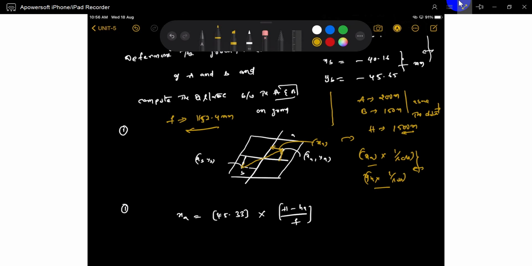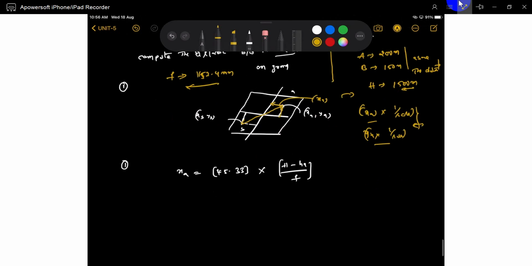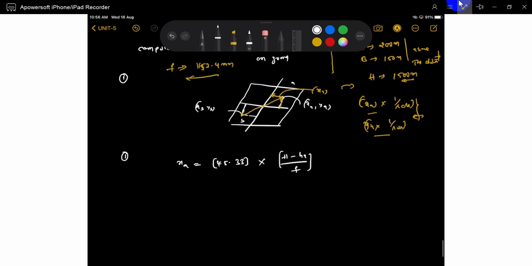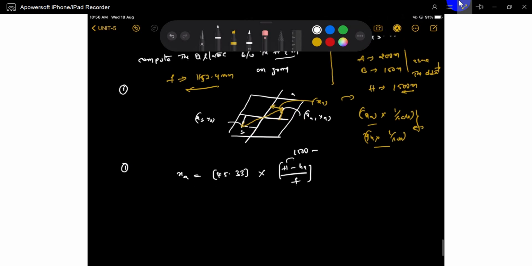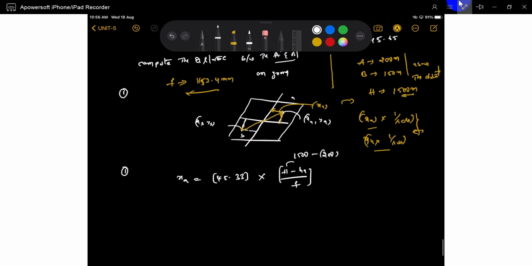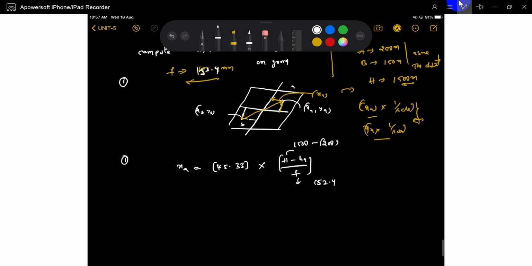That's it. Can you calculate the coordinates? So easy. So find out. H is 1500, HA is the height 200 meters, F is 152.4. So what is the coordinate?